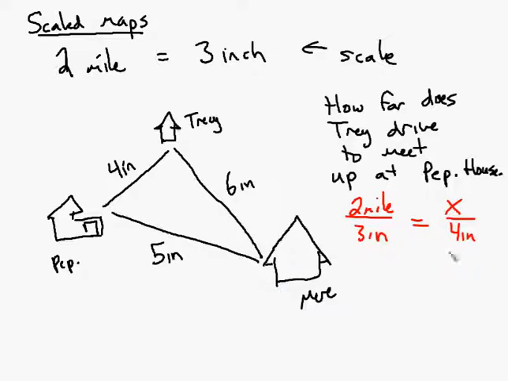So I cross multiply and I get 8 equals 3x. Divide by 3 and x equals 8 over 3, about 2.6. So she lives 2.6 miles away.